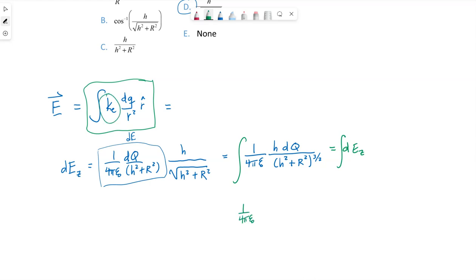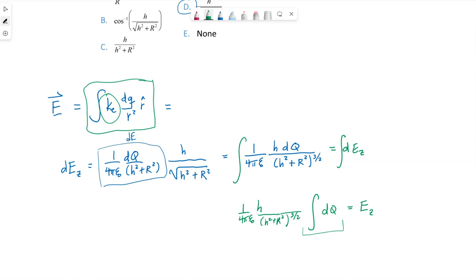That's this k in here. That's a constant. H is a constant. The h squared plus r squared, those are both constants, so I can pull out that whole quantity. And I'm actually only left with the integral of dq. And this is going to give me the electric field in that z direction, specifically along that z-axis.